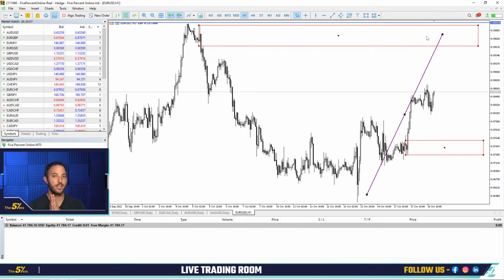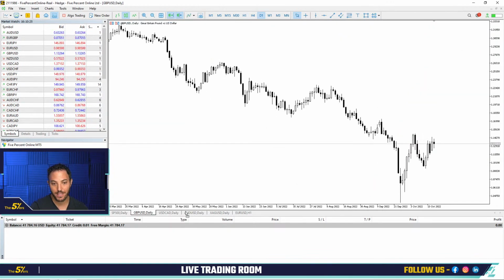And then we'll see how we form there, and potentially see a break of that. Okay, so if I try to trade the markets short term or intraday, my bias would be kind of neutral, a little bit bullish.